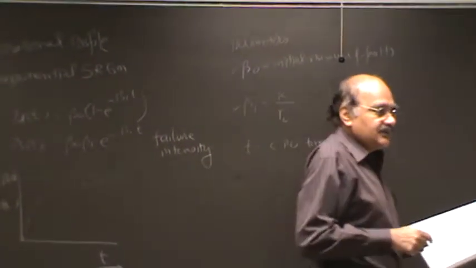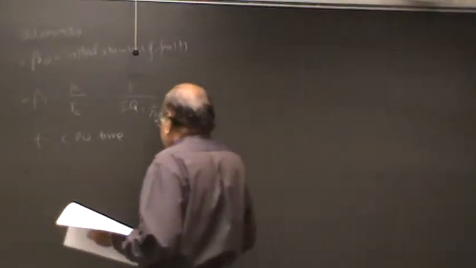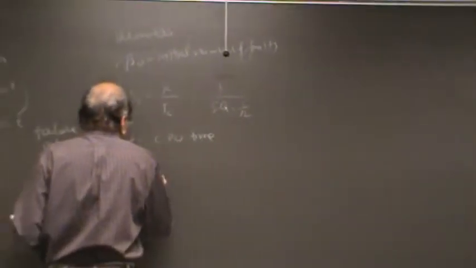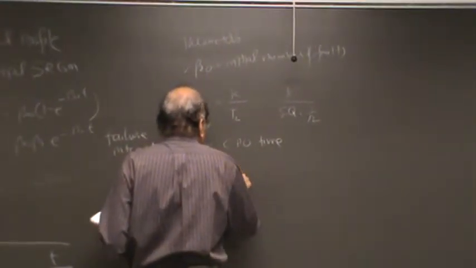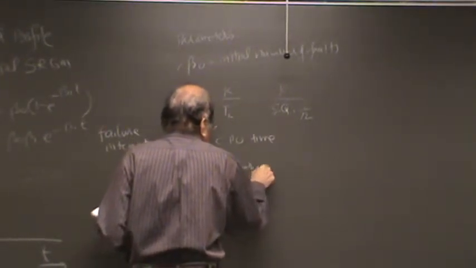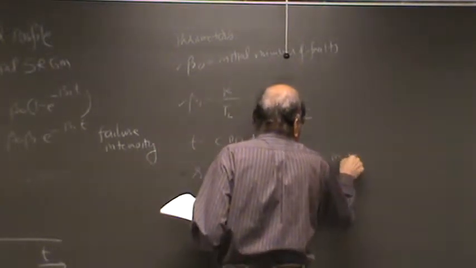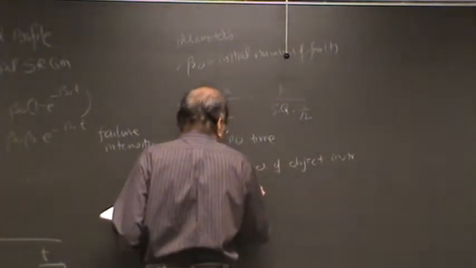Is R going to be in million operations per second or million instructions per second? That is true. So R would be equal to the number of object instructions per second.